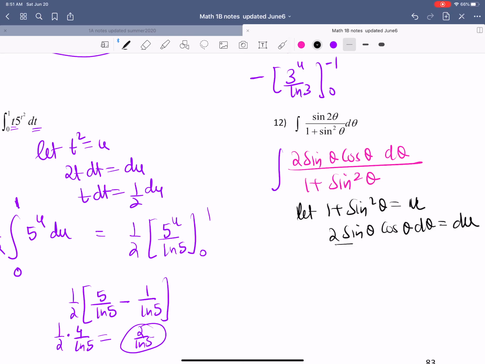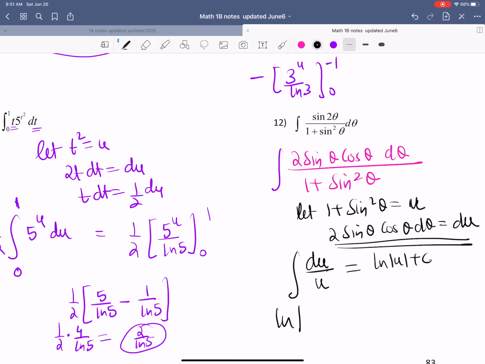Okay, so the entire numerator becomes du for me, and the denominator is u. What is the integral of du over u? It's natural log of u plus c. Just replace the u by whatever we called it in the beginning. Natural log of u. u was 1 plus sine squared theta, plus c.